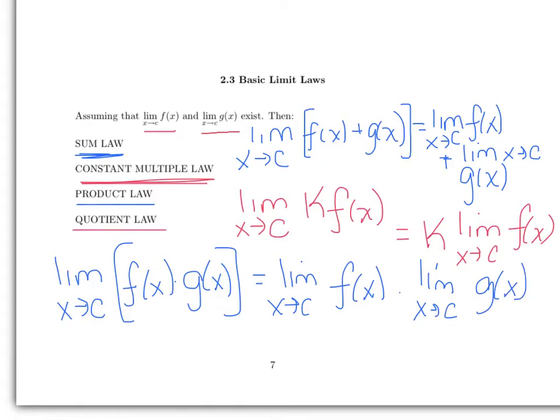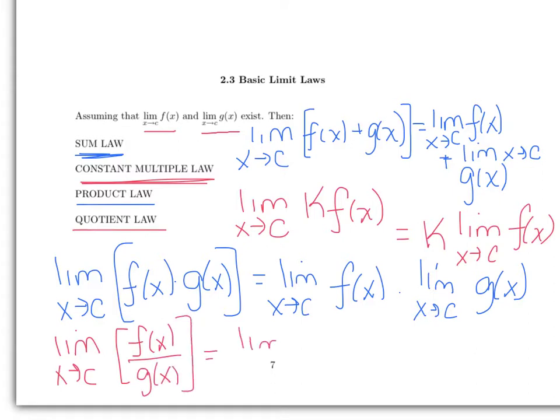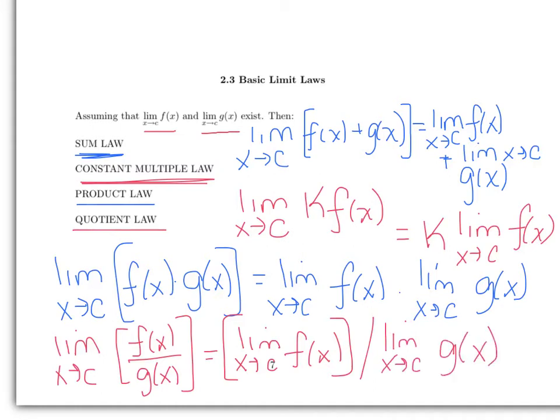And last but not least is the quotient law, and that's if you want to take the limit of f of x divided by g of x. And in that case, you do the limit as x approaches c of f of x, and then you take that whole thing and you divide it by the limit as x approaches c of g of x. So, and that's all assuming that that limit is not 0.